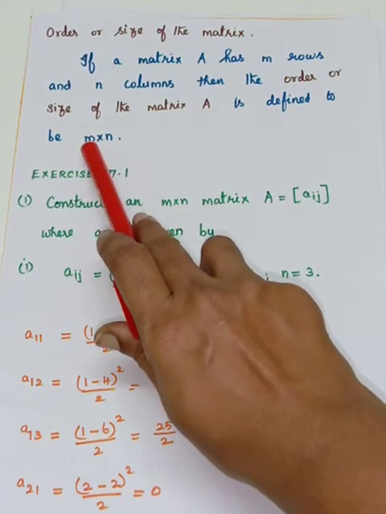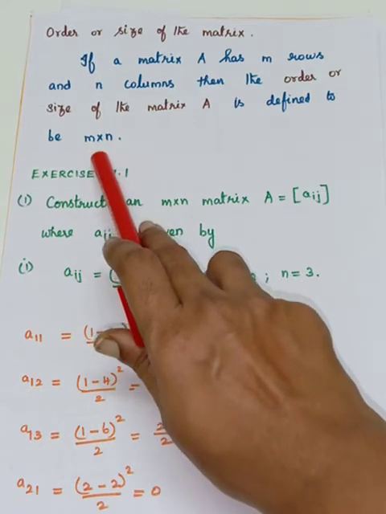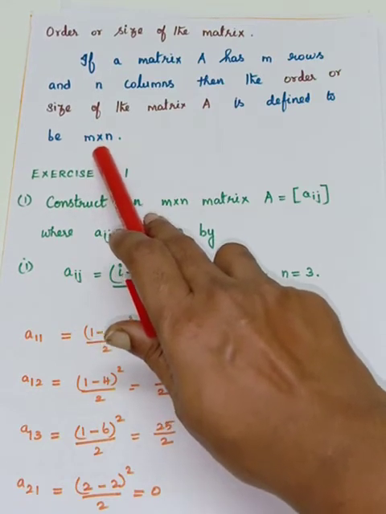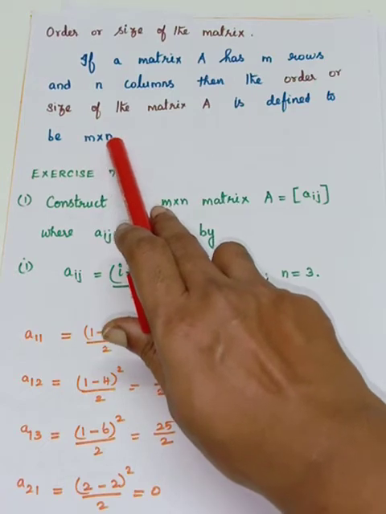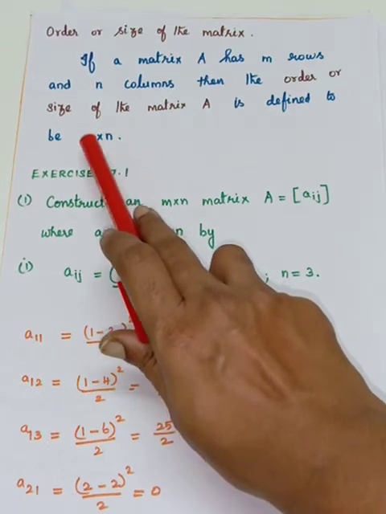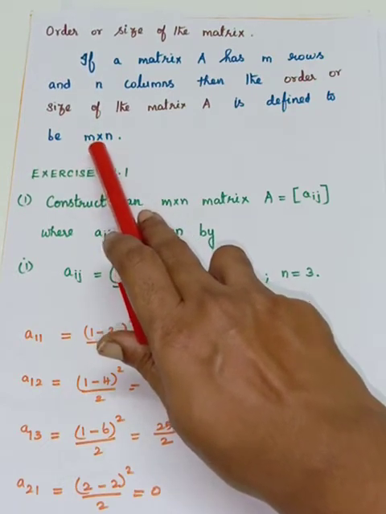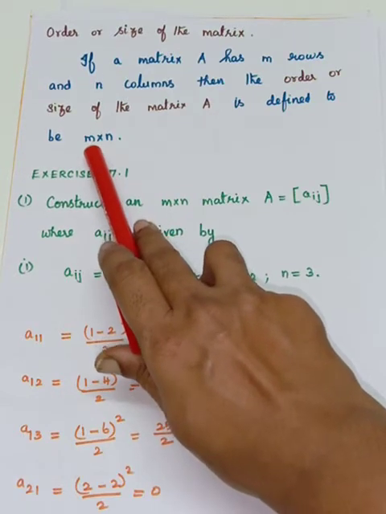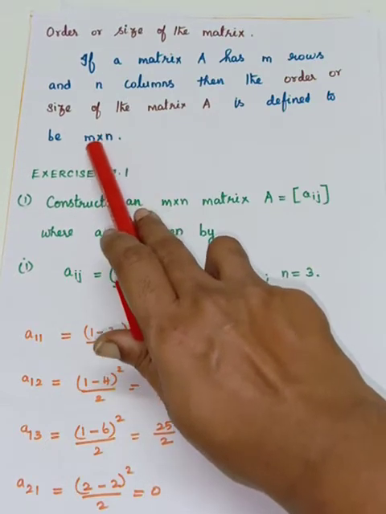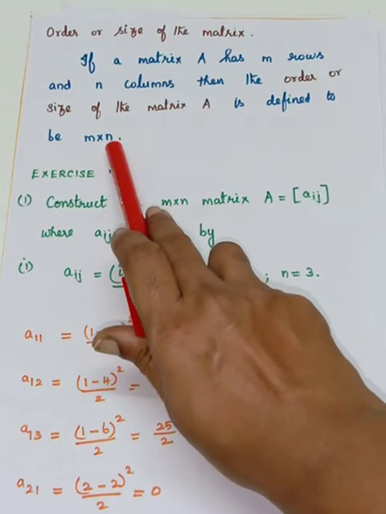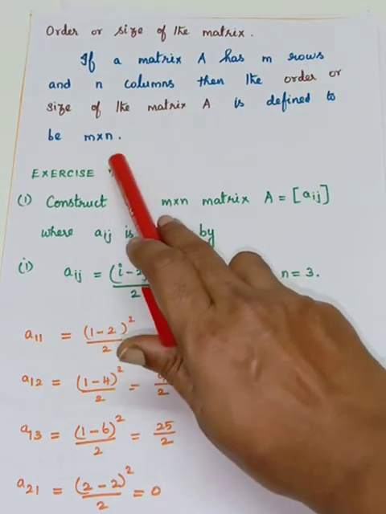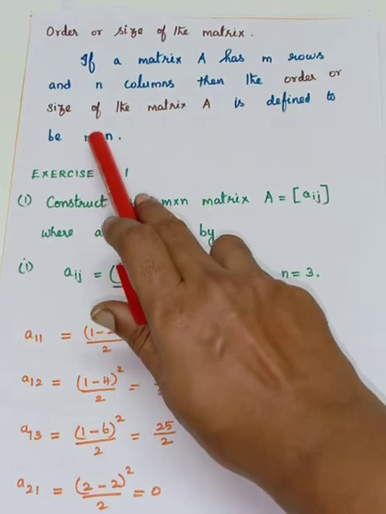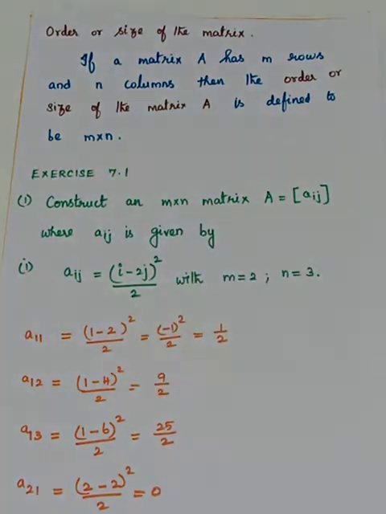First you have to write the number of rows, and in between you put a cross, but you have to read it as by, and then the number of columns. While saying it, you say m by n. This is the order or size of the matrix.